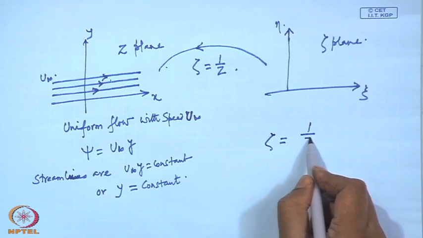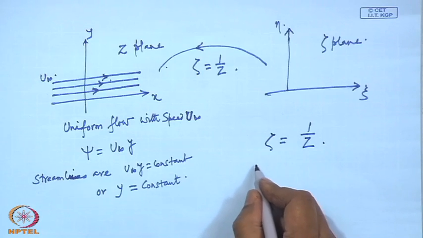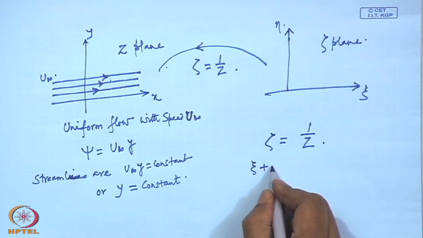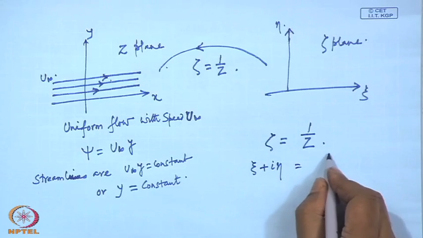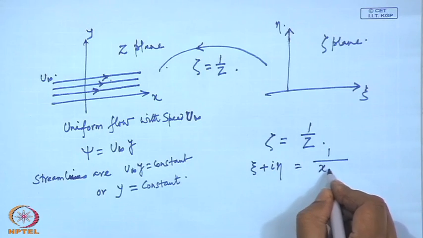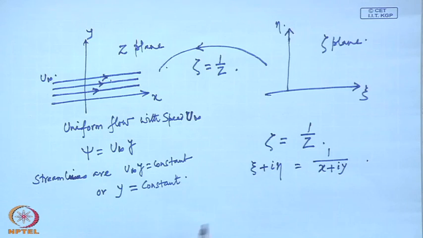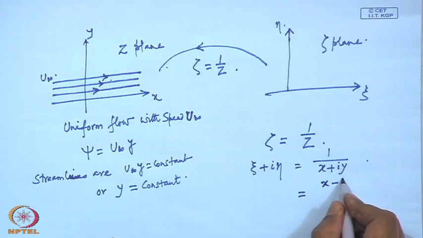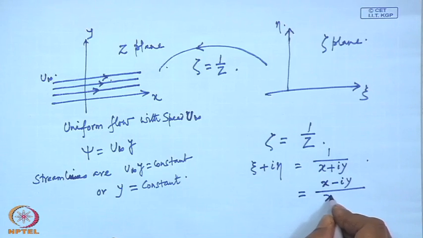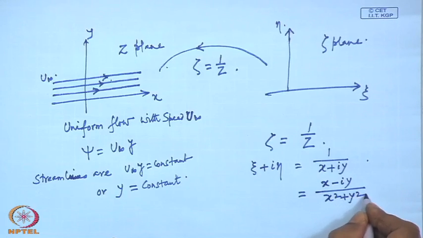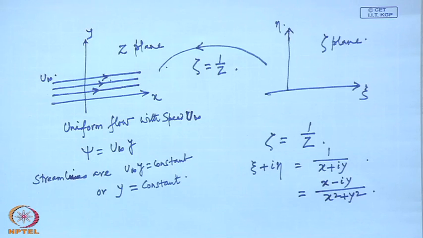Zeta equal to 1 by z, and equating real and imaginary parts.